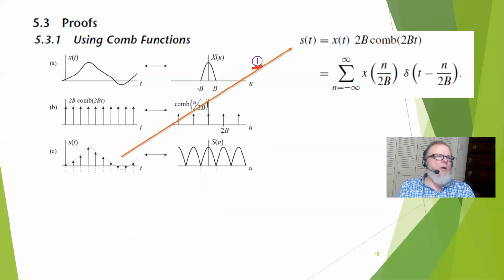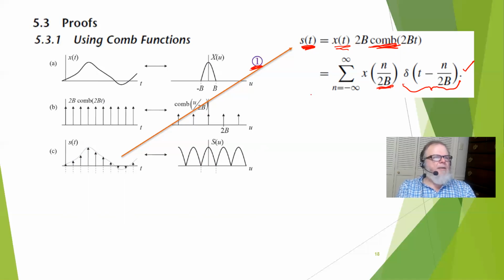Step number 1 is to get the signal of samples. This is the original signal times the comb function. Now the comb function is a bunch of Dirac deltas. And they are going to multiply the original signal and only give us the samples of the signal, right? And so this is the way that we can think of and talk about the signal of samples.